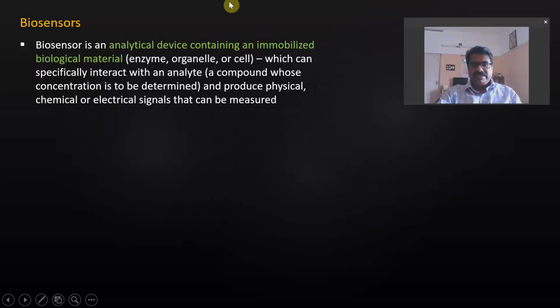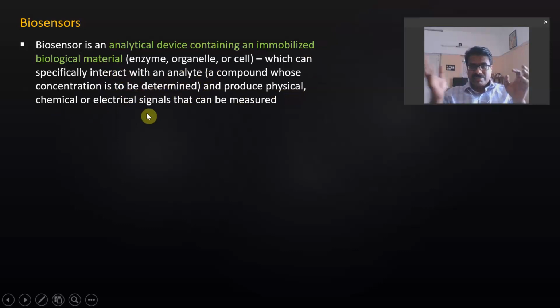The biological material, like enzymes, organelles, or cells, can specifically interact with the analyte, that means the pollutant whose concentration needs to be determined. It interacts with this compound and produces a physical, chemical, or electrical signal.